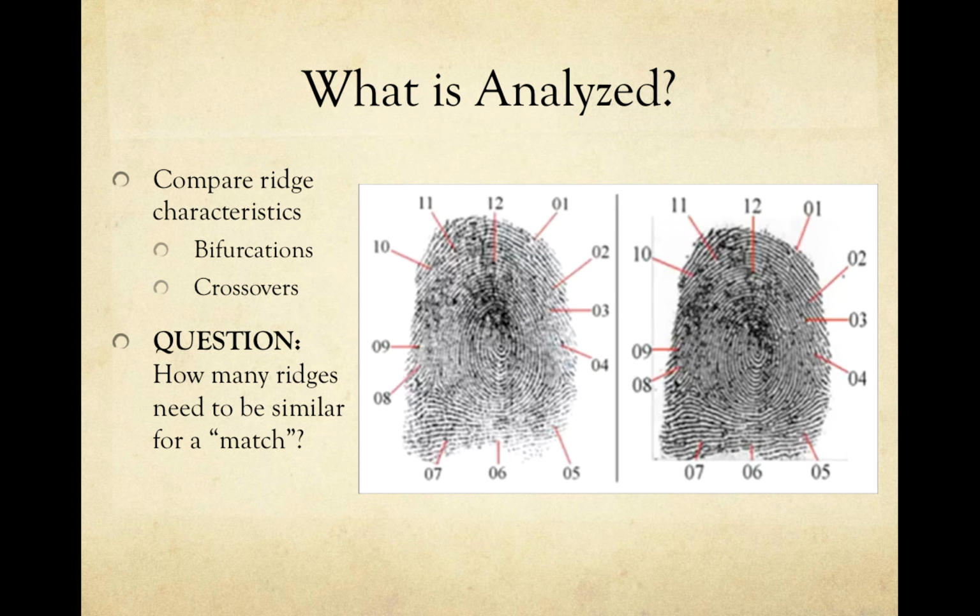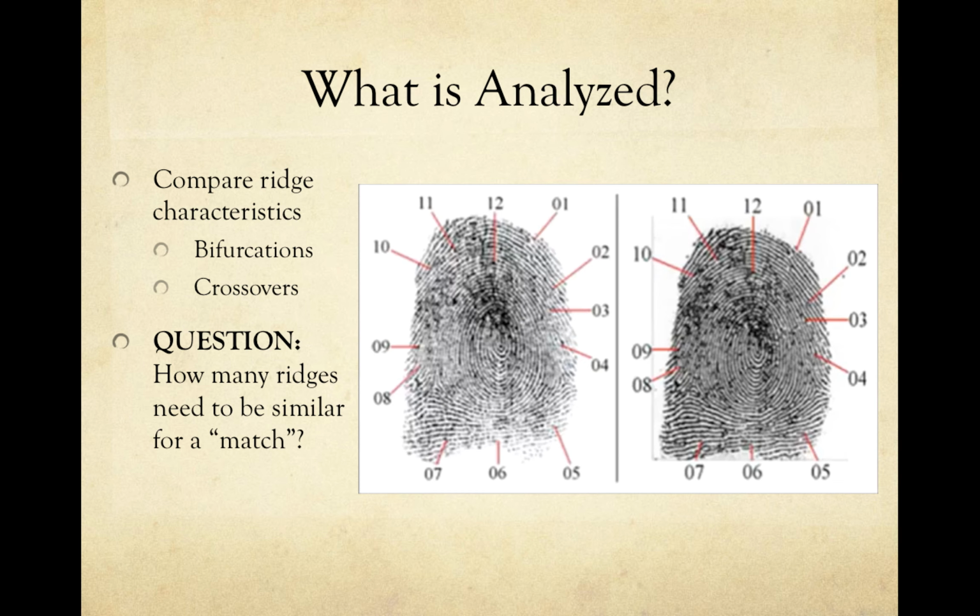But the problem overall with fingerprint evidence is that we have this assumption that we've never really addressed, and that is whether or not every fingerprint is actually absolutely different. We also don't really know how common or rare each type of ridge characteristic truly is in the population.